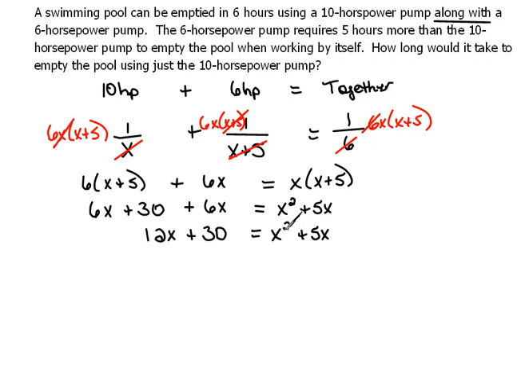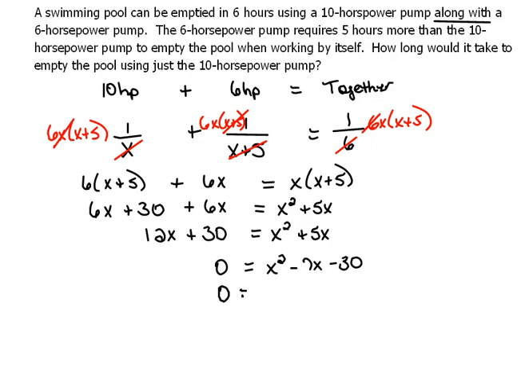Now this is a quadratic, so in order to solve it, we have to have it equal to 0 and factored. So we're going to move everything over to the right. So that we'll have 0 equals x squared. The 5x minus the 12x would be minus 7x. And when we subtract the 30 over, that'd be minus 30.